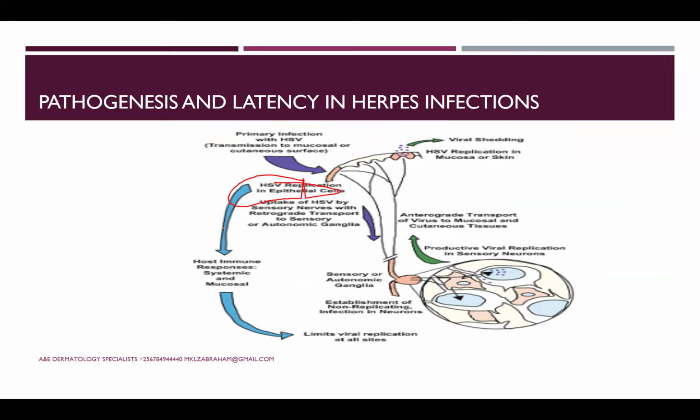Then after that, they love traveling along your nerves, and they go and rest in what we call the ganglion, or the sensory ganglion. They will rest there in a latent phase for eternity; until you die, you stay with this virus forever. They only need a few triggers to be activated, and then the virus will move along the nerve to come and give you skin manifestation.